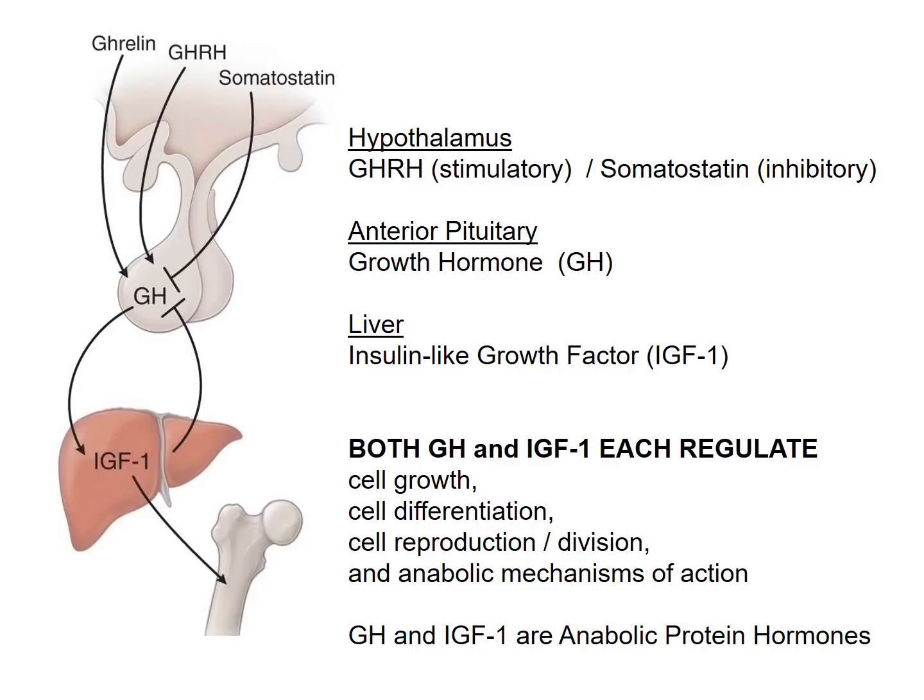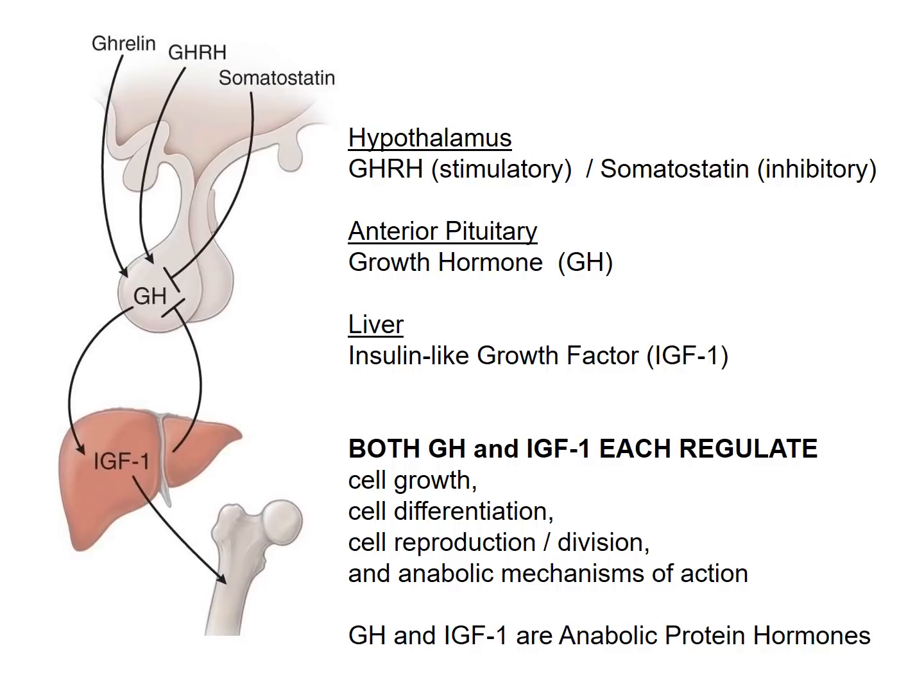And now we have the last anterior pituitary hormone that we're going to be talking about here, and that is growth hormone. Now this axis is different. This one's a little bit weird because we're dealing with two hormones, growth hormone that comes from the anterior pituitary gland and IGF-1, insulin-like growth factor 1, that comes from the liver.